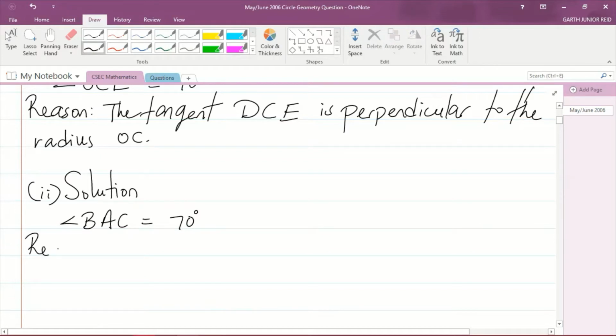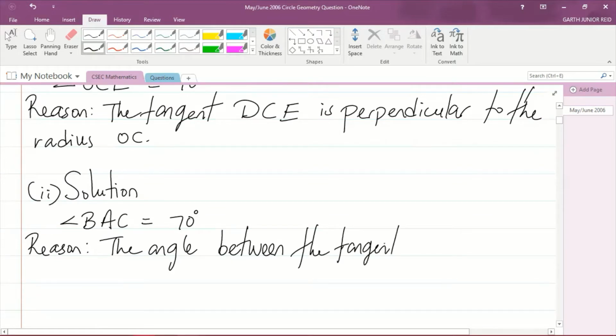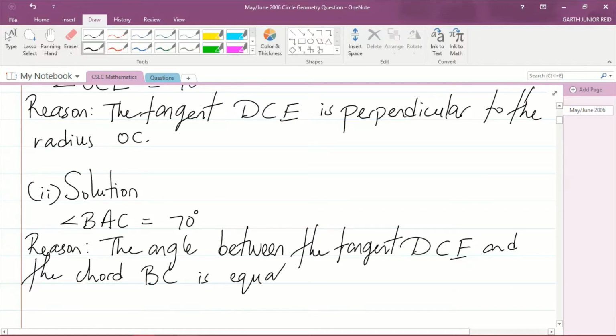Our reason is that the angle between the tangent DCE and the chord BC is equal to the angle in the alternate segment.